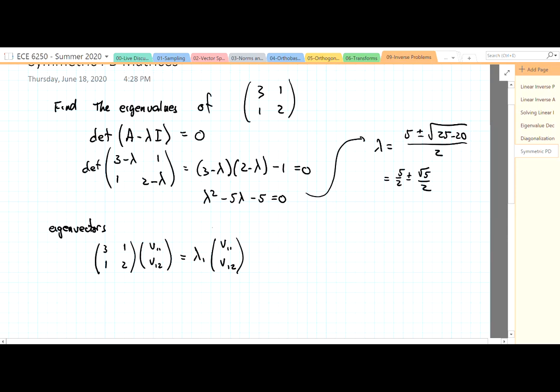And here we happen to know what lambda 1 is, 5 over 2 plus the square root of 5 over 2. So 5 plus the square root of 5 all over 2.